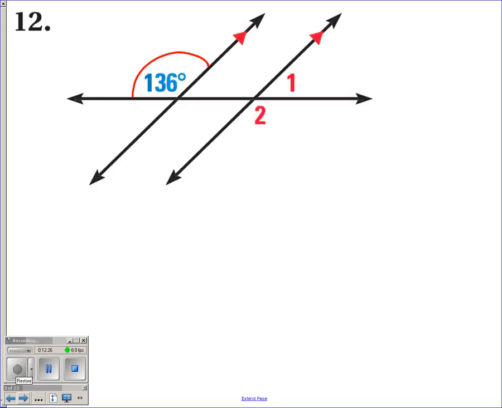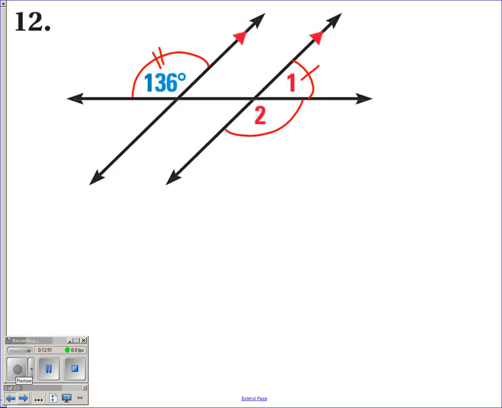Now, the angle 136 and angle 1 over here, that's not corresponding. It's not alternate interior, it's not alternate exterior. It is the same side exterior, but we didn't really study that one, so I'm going to use something else. I'm going to go to this angle 2.